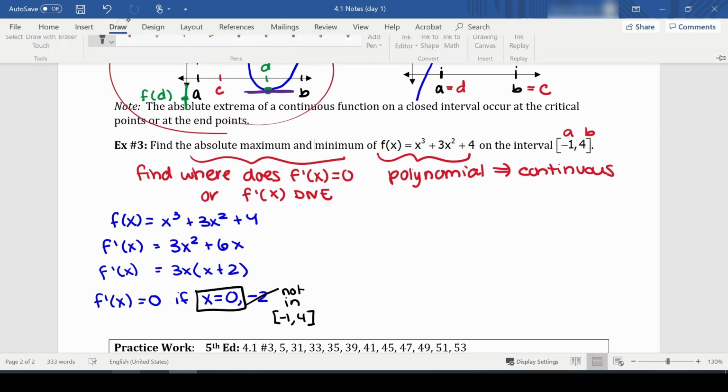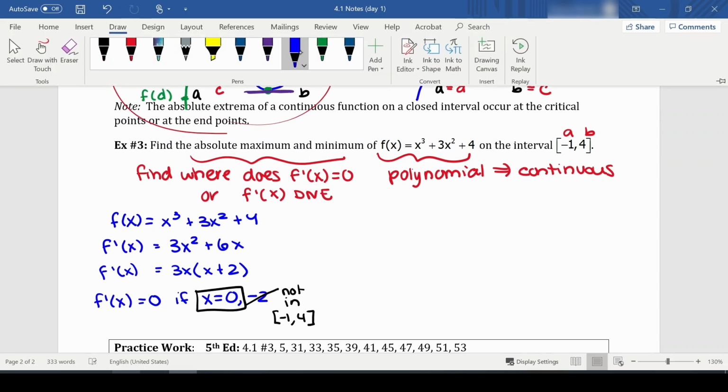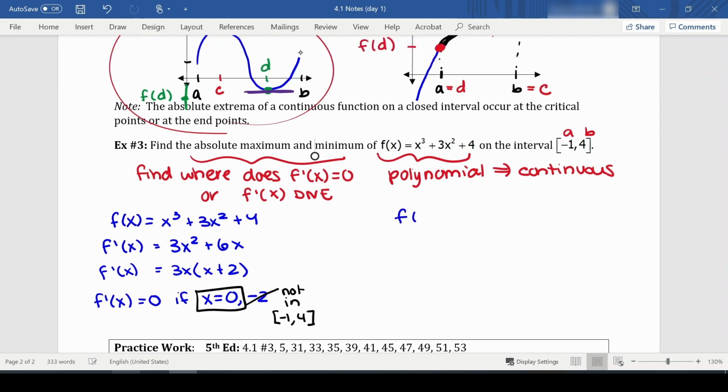Okay? If I want to know the absolute maximum and minimum, I need to find what is f of 0. And then I also need to test the endpoints, f of negative 1 and f of 4. Remember, f of something is just the y value on that polynomial. So the first one is the y value of the polynomial when x is 0.